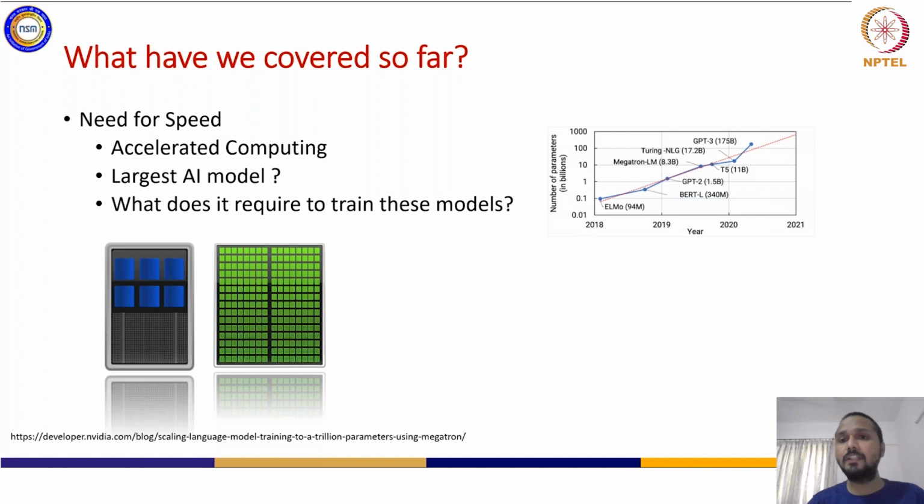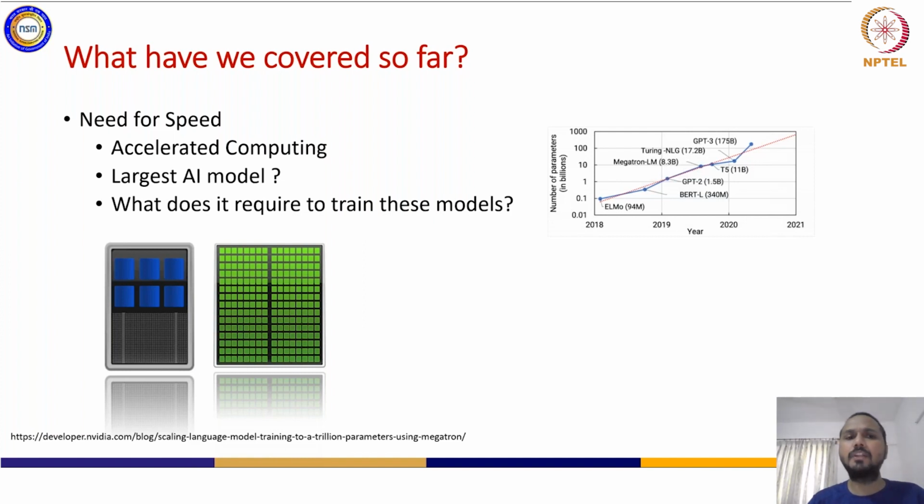You can see the model size is increasing very drastically. In 2018, we were talking about 94 million parameters, and now we are talking about 175 billion parameters in 2020. And we are now in 2022, where it's already known that we are going to cross a trillion parameters.